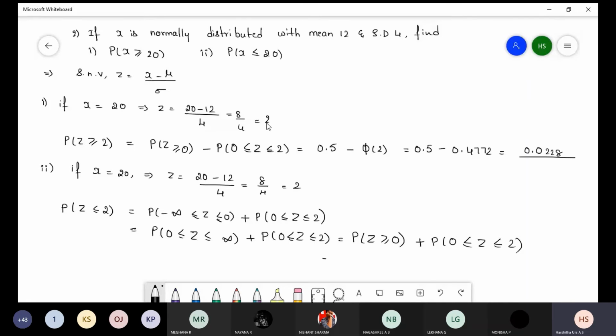So here 0.5 plus phi of 2, so 0.5 plus 0.4772, which is 0.9772. This is the second one.